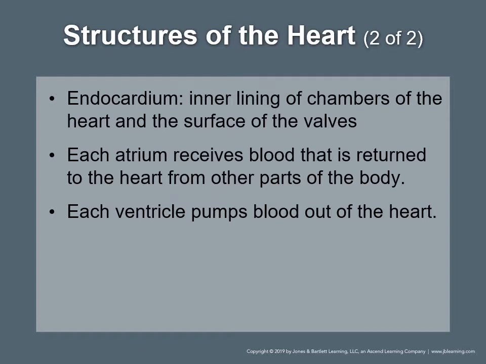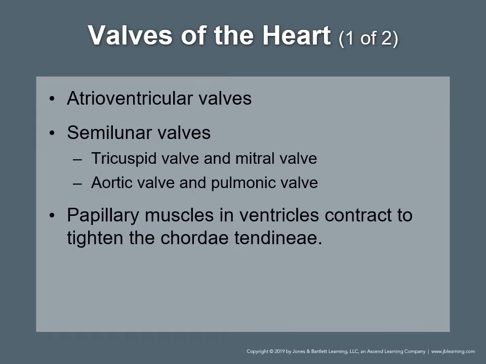The endocardium is the smooth inner lining of the chambers of the heart and the surface of the valves. Each atrium receives blood that is returned to the heart from other parts of the body. Each ventricle pumps blood out of the heart. The valves of the heart include the atrioventricular valves and semilunar valves: tricuspid valve and the mitral valve, the aortic valve, and the pulmonic valve.